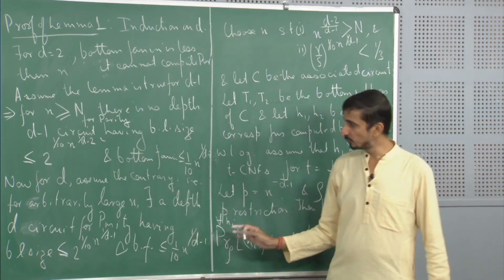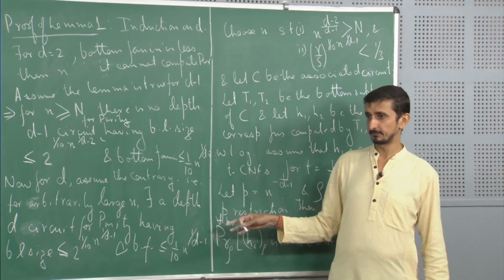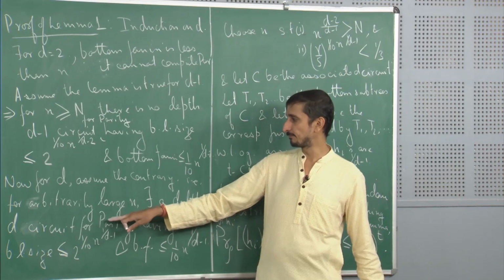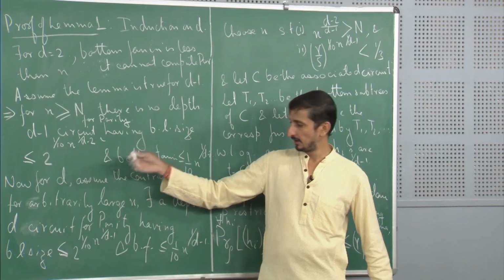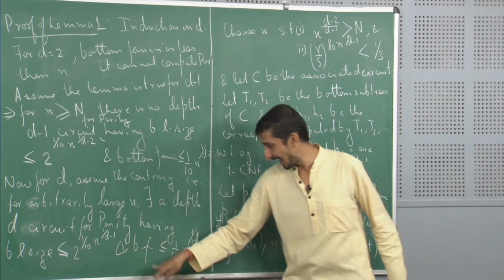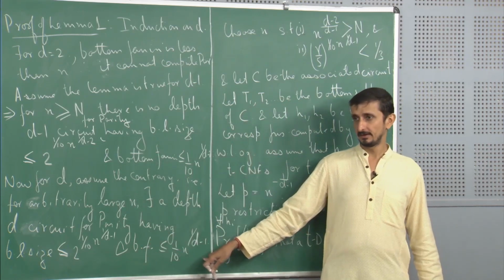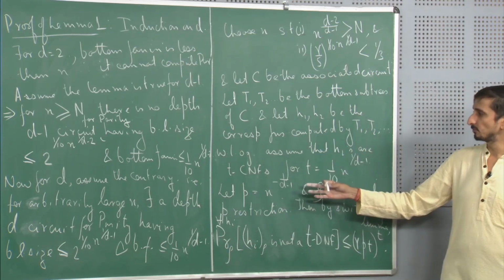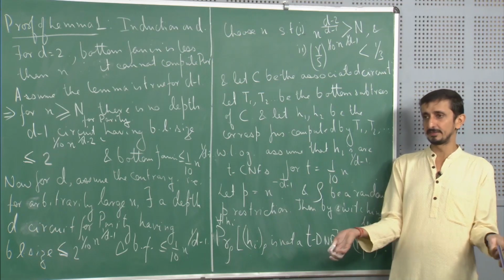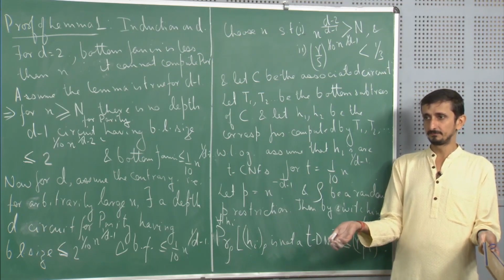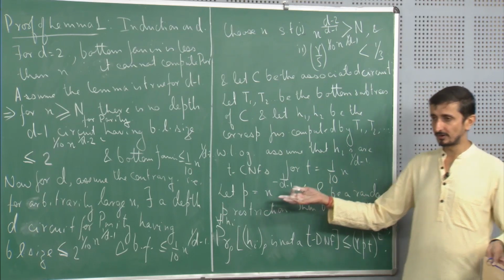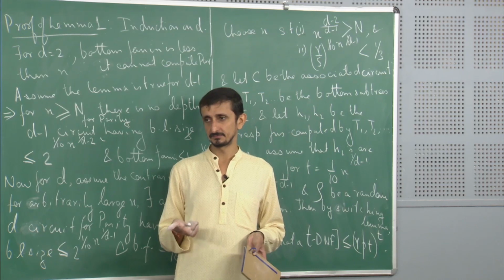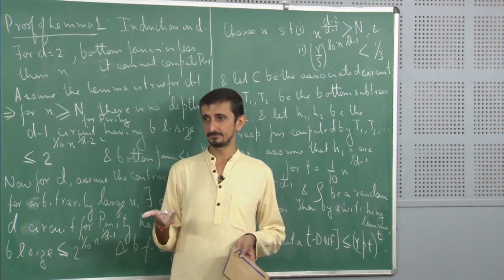Now we are assuming that it is not true for d, which means there is a depth d circuit that computes parity for arbitrarily large n, whose size is bounded by this and whose bottom fan-in is bounded by this. Under this assumption we go forward. If the bottom fan-in is bounded by t, then of course we get a TCNF and TDNF at the bottom. All the clauses that I get at the bottom will have at most t literals, therefore it is a TCNF.